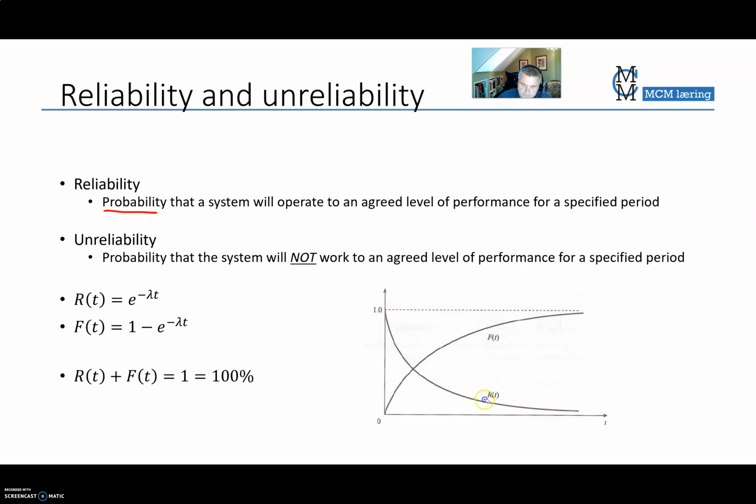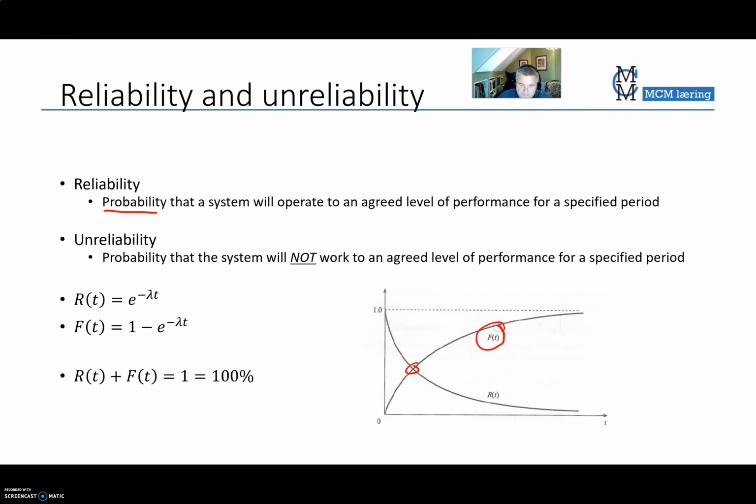If I have, for example, a light bulb, as in the previous example, the probability when I start the light bulb that it works, it's reliable, is 100%, provided, of course, that it wasn't dead on arrival. After some time, we have a reliability of 50%. So after some time, about 50% of the light bulbs work. The rest of them are then unreliable or failed.